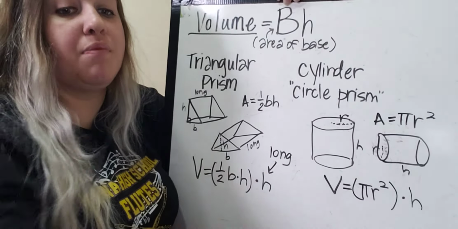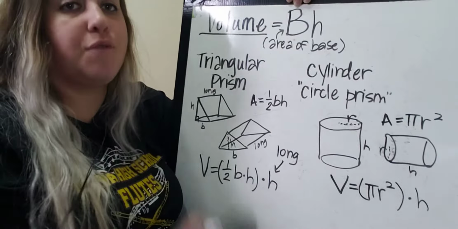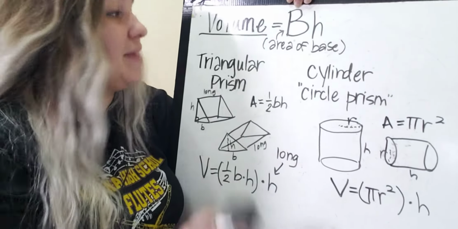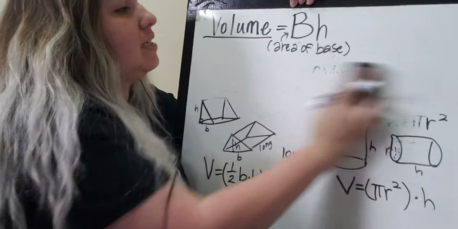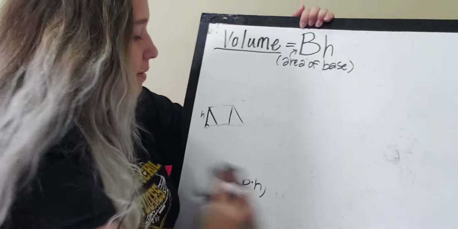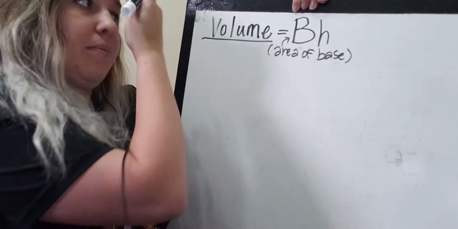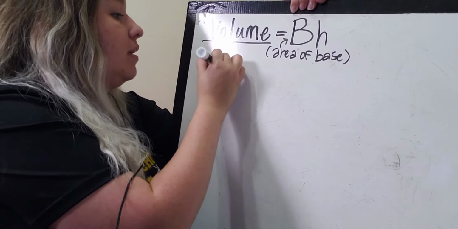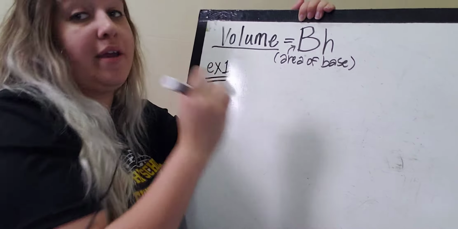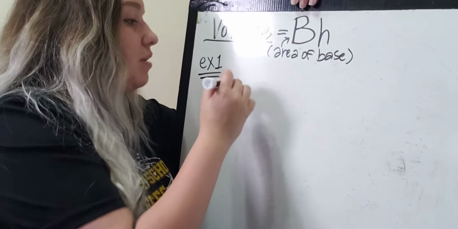So if we're good with that, we're going to get into our 4 example problems, and then we're done with YouTube for the whole week. So let's go ahead and start working on example problem number 1. Example 1. I'm going to knock out the 2 triangle prisms first so that you can understand this.